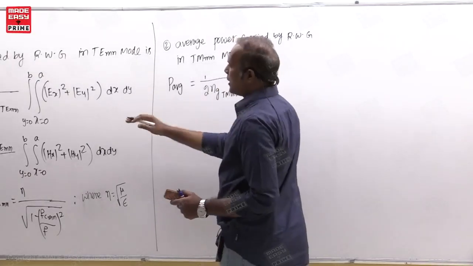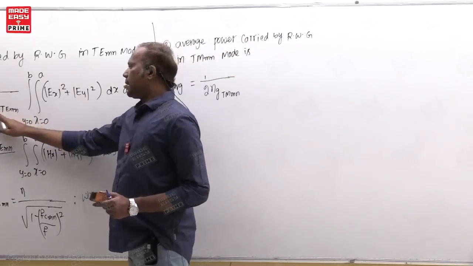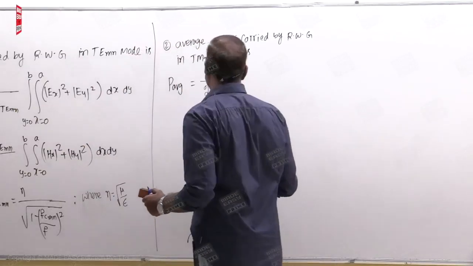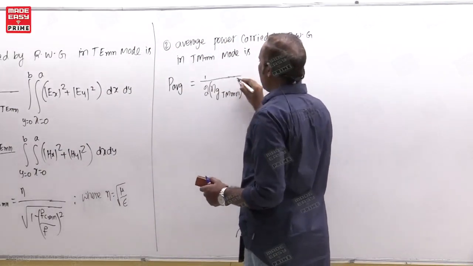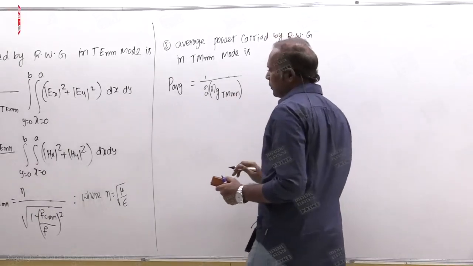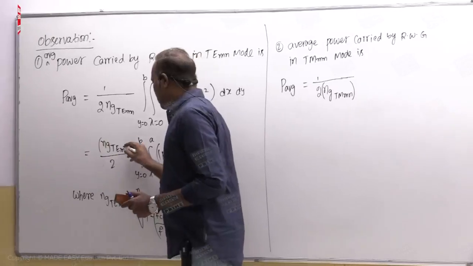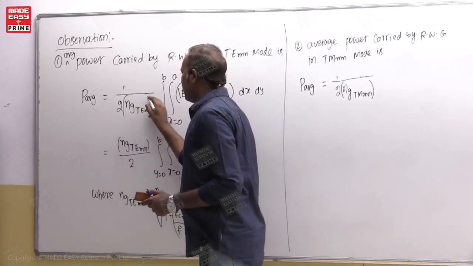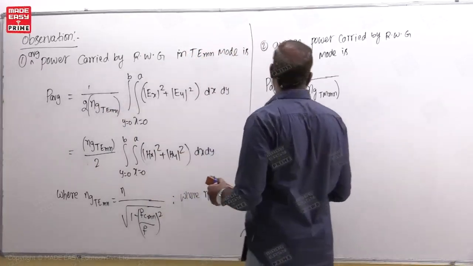Same formula, students, but in place of eta g TEmn, eta g for TM mode you have to write. If you want, you can put brackets here so that you will not be confused. This is all eta g only, the guide impedance for TMmn mode.